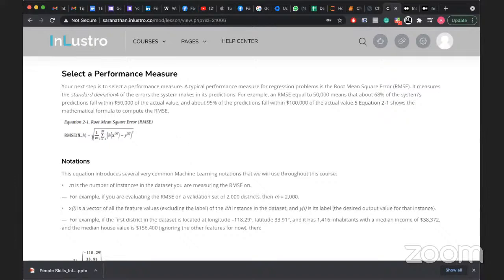Okay. Now, before that, how many of you remember statistics in terms of how data is distributed in a normal distribution? Can anyone tell me how data is distributed in a normal distribution? Come on. Anyone remember the famous bell curve?